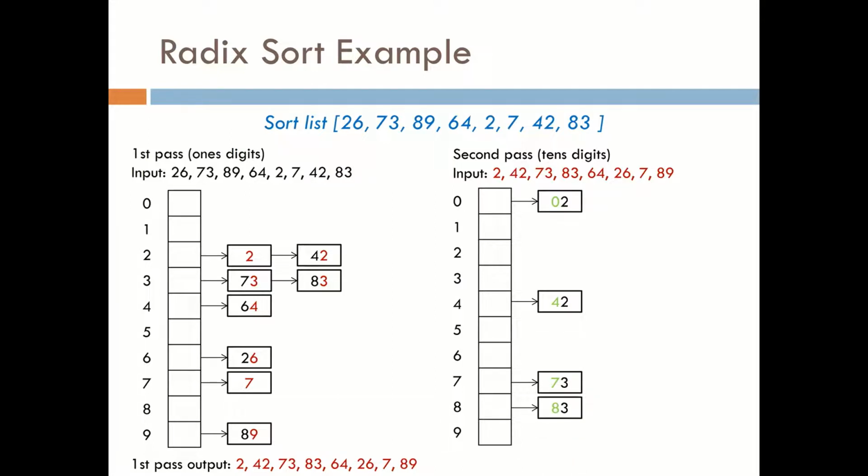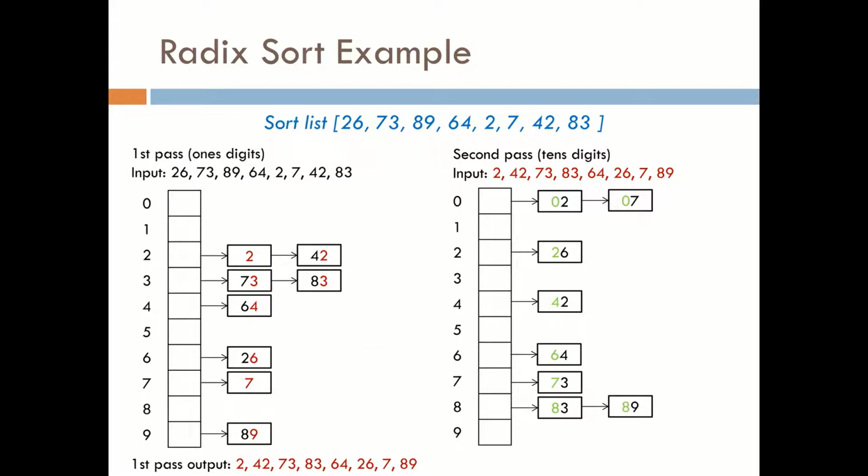And again, the highlighted digit is the tens position. That's what we're sorting by. Number 64 goes in bucket number 6. 26 goes in bucket 2. The 7 goes in bucket 0. And finally, the 89 goes in bucket 8, which already has 83 in it.